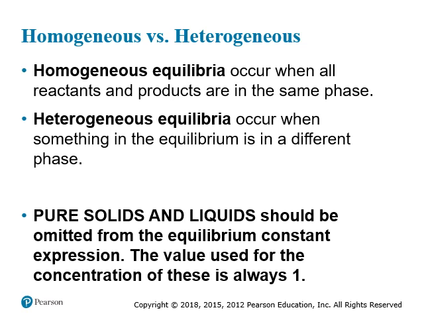Heterogeneous equilibria occur when all of the reactants and the products are not in the same phase. And we will explore that in just a moment. Now, it should be noted that since the equilibrium constant expression is based on the concentration of products over reactants, the concentration of a solid does not change.